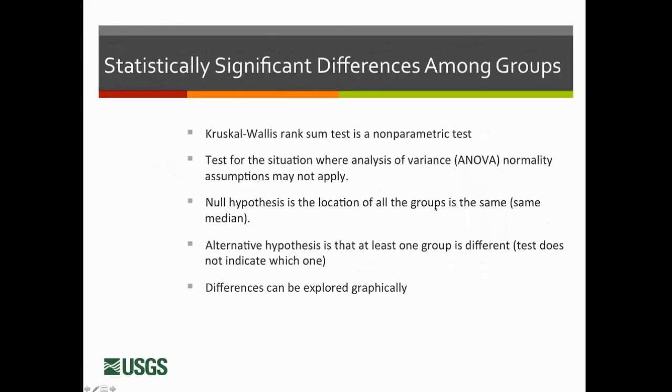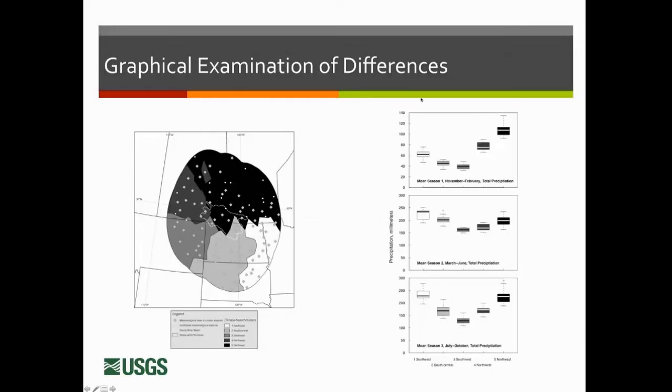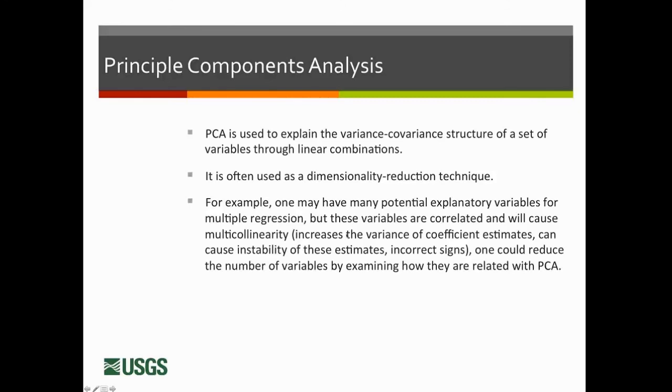Just because I have 10 variables doesn't provide as much explanatory power as I might think, and PCA looks at that correlation structure and reduces the number of dimensions by making linear combinations of all those variables.